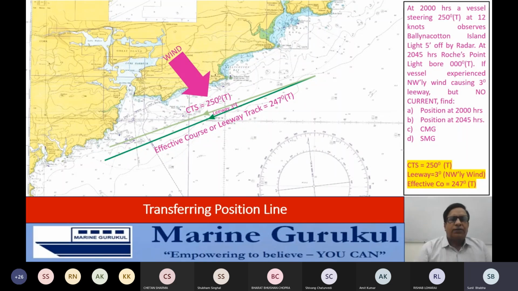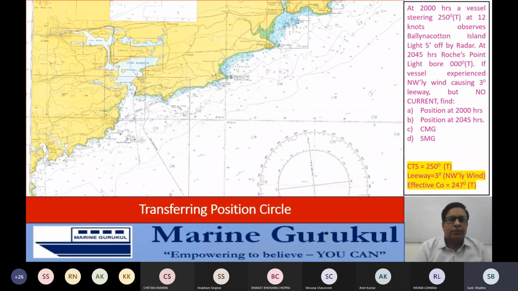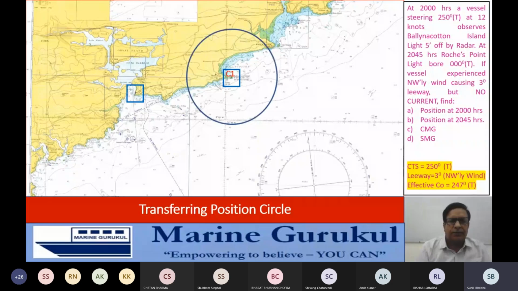Now, instead of drawing the CTS on the chart, we'll draw the effective course or the leeway track, and the magnitude of this would be same as the engine distance in 45 minutes. So we plot it here now. We have this as the Ballycotton Island light. We have the Roche's Point with C1 as the center and the radius of 5 miles. We draw the position circle for 2000 hours.